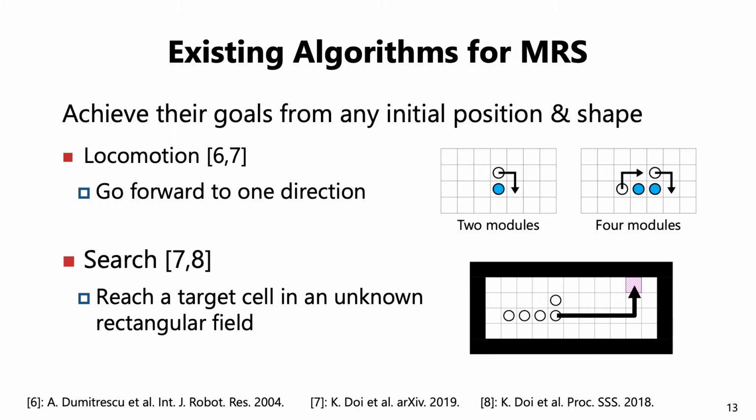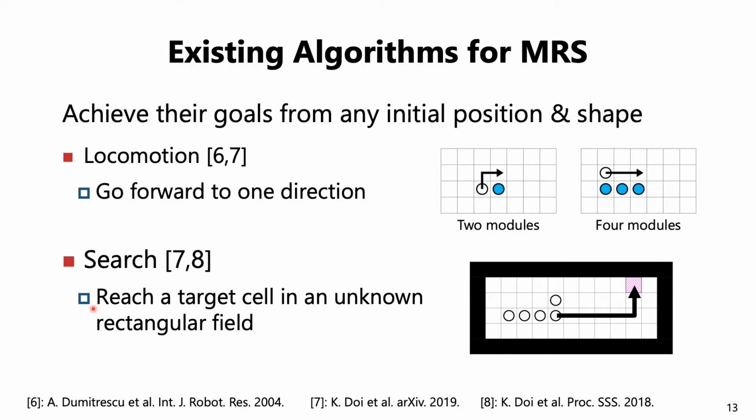There is some existing research for MRS. These existing algorithms achieve their goals from any initial position and any initial shape. The first one is called the locomotion problem. The locomotion algorithms can move an MRS forward in one direction. These are example movements for a 2 module MRS and a 4 module MRS. The second is called the search problem.